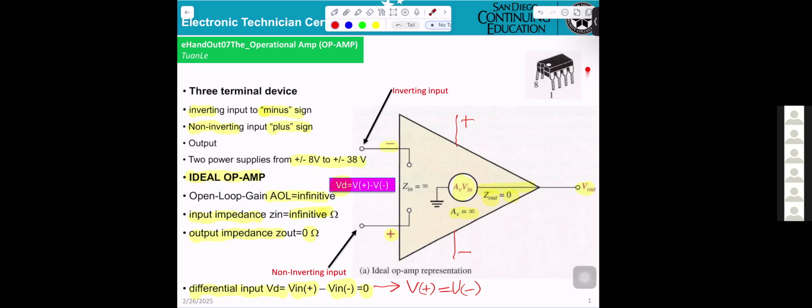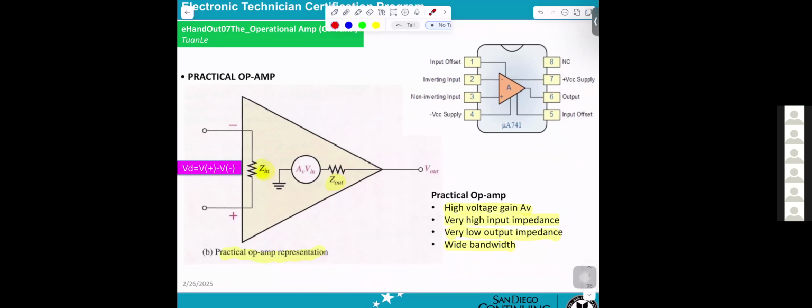And if you're looking here, this is the IC you're working on, the 741 op amp. They give you the pin numbers, but we don't care about that. However, they're talking about a practical op amp.